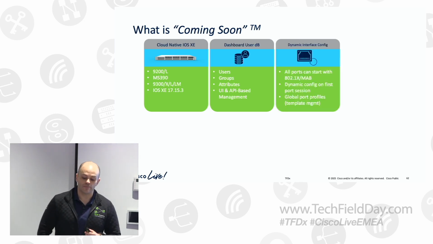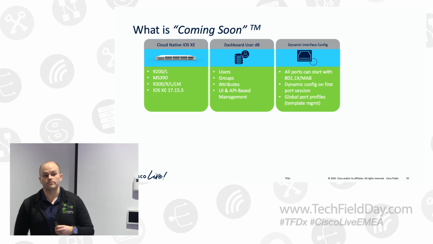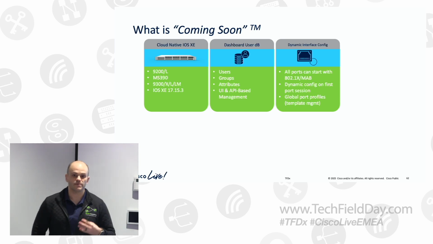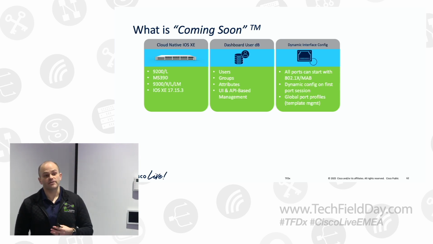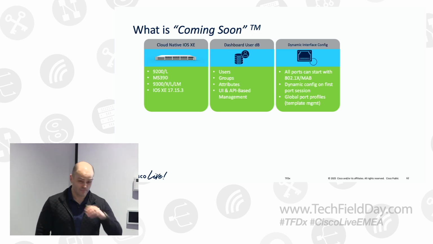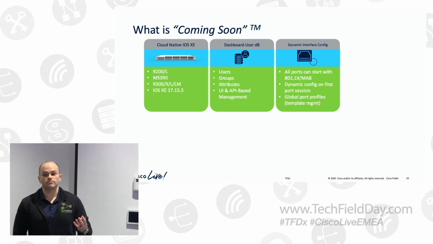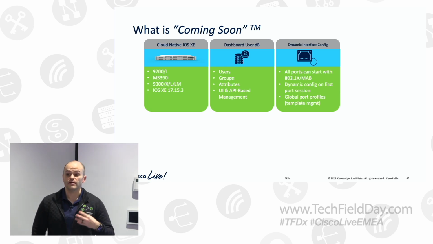I mentioned this earlier, but we've been working on a lot of things to dynamically change interface configurations. With small things, you could match CDP or LLDP data and automate a port, but that's not necessarily secure in any way, shape, or form. So we're also using things like .1X or MAB to change a port config. An example is a feature called Secure Port, where our access points use certificates to authenticate and then get a trunk configuration so that they can pass traffic.